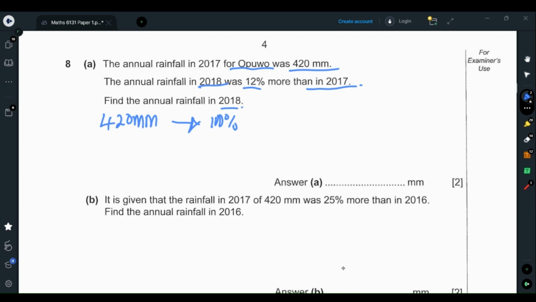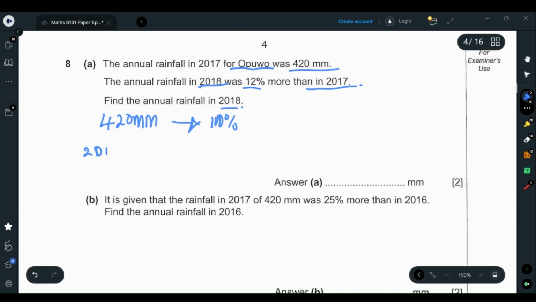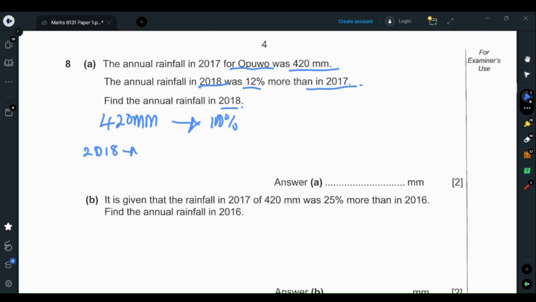So what I'll do is, to get the one for 2018, I would say x is equal to 420 millimeters multiplied by 100 plus 12% divided by 100.